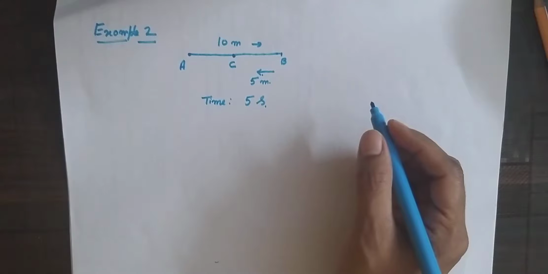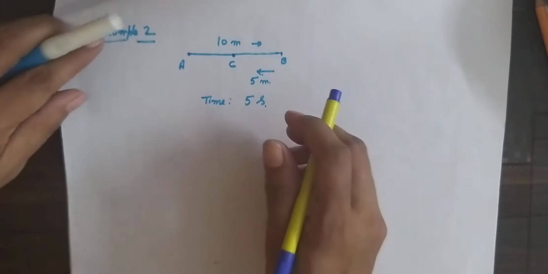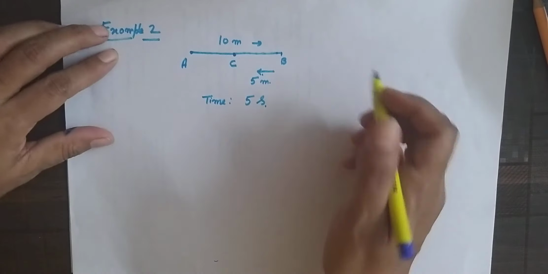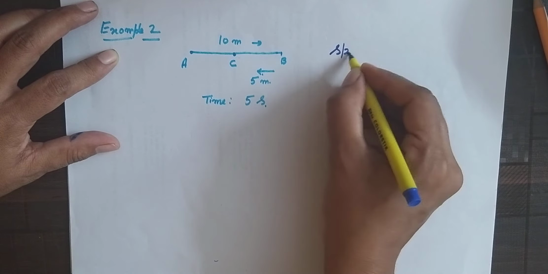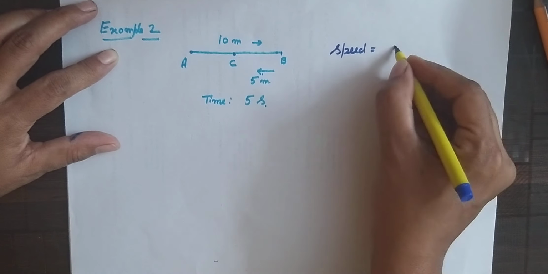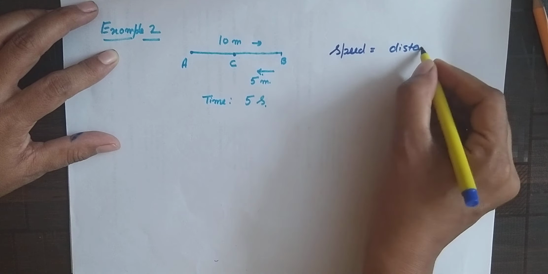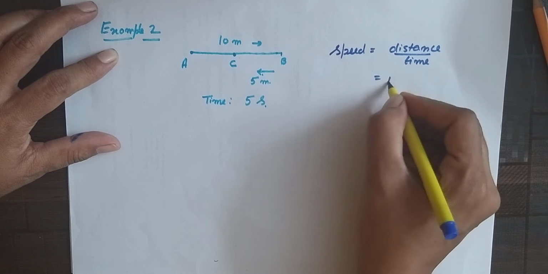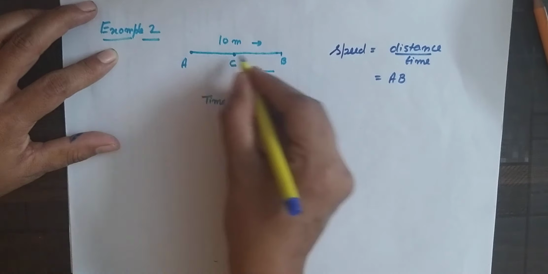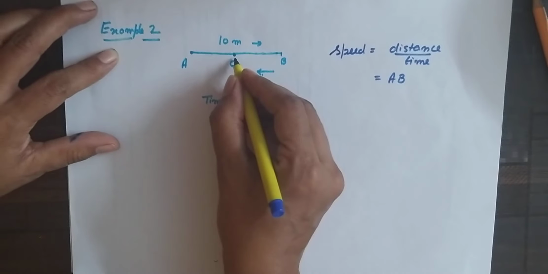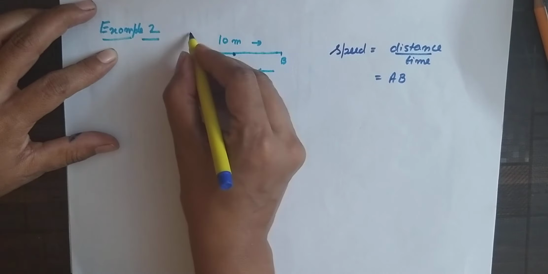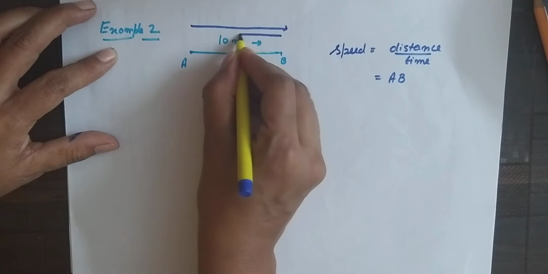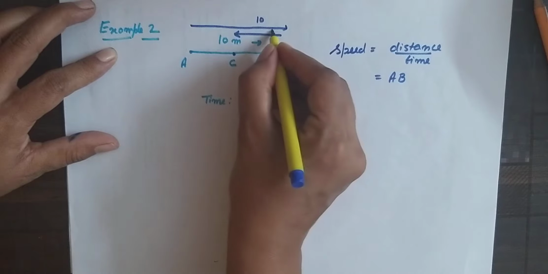Then how to calculate speed and velocity here? Speed here is, again, distance upon time. So the total distance here is AB, and I am coming back through the same path and ended my journey at C. That means I am covering A to B and then coming back to C. So this is 10 and this is 5.